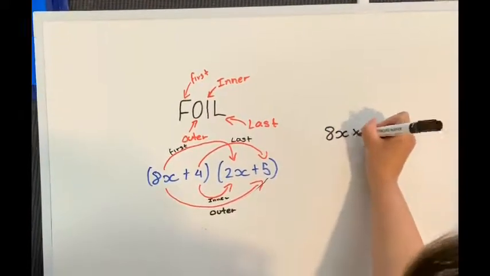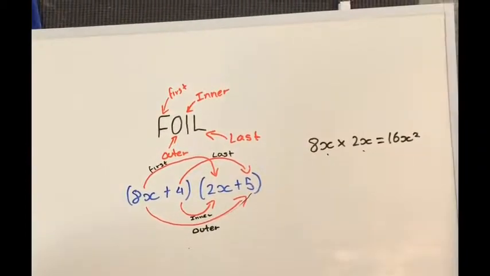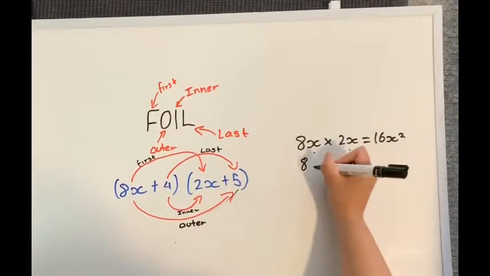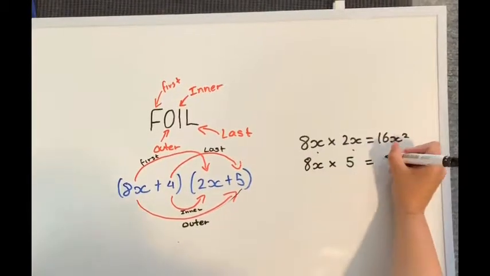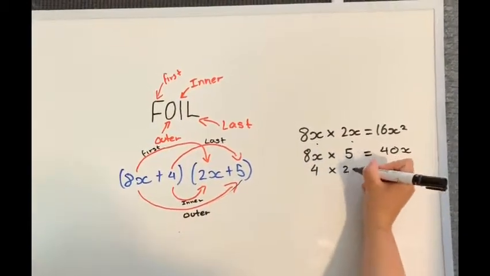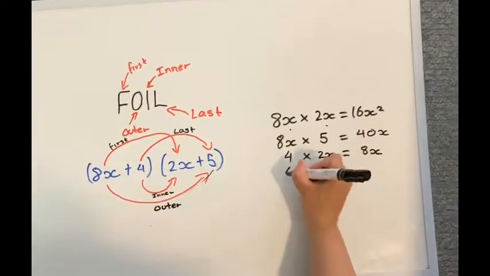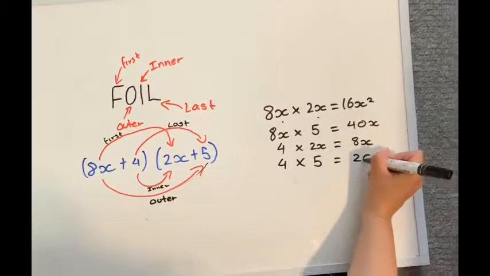So 8x times 2x, because there's two x's, will give us x squared, 16x squared. 8x times 5 will give us 40x. 4 times 2x is going to give us 8x. And lastly, 4 times 5 will equal 20.